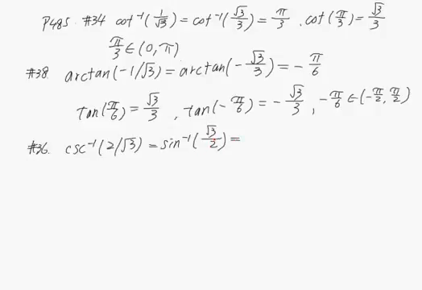Then what is the angle? Pi over what? 3, right? Pi over 3 is the 60 degrees, but it's not pi over 6, right? Pi over 3.